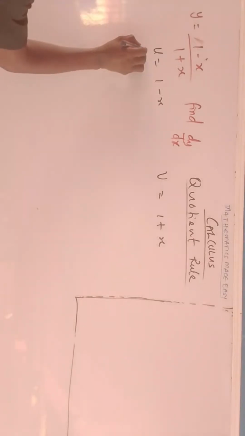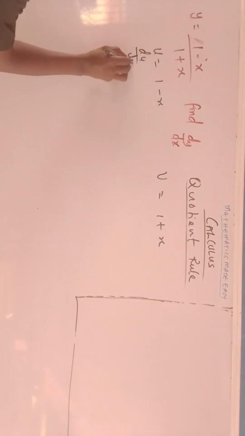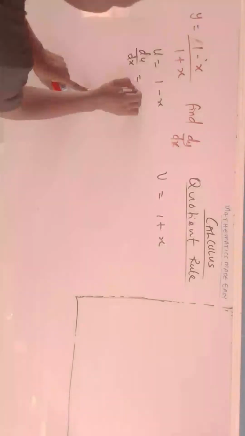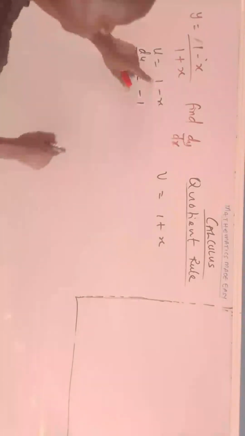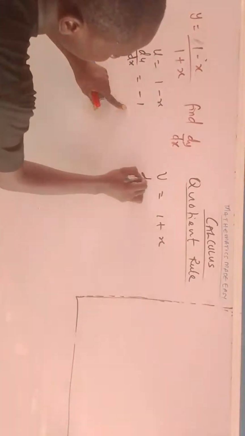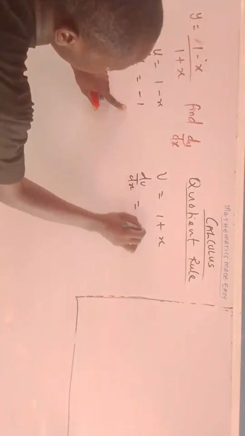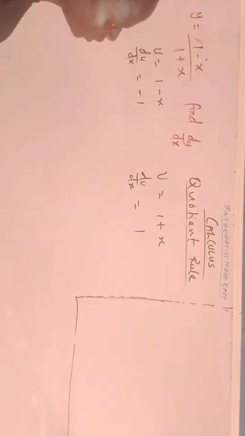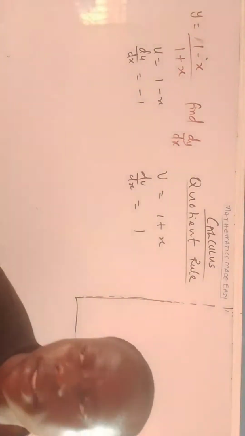Then you find du/dx. So don't forget, if you differentiate minus x, this will give us negative 1, because if you differentiate 1, that is 0, and if you differentiate negative x, you get negative 1. Then dv/dx will be equal to what? 1. If you differentiate 1, you get 0, and if you differentiate x, you get 1. That is cool.